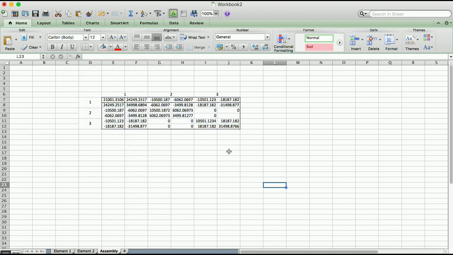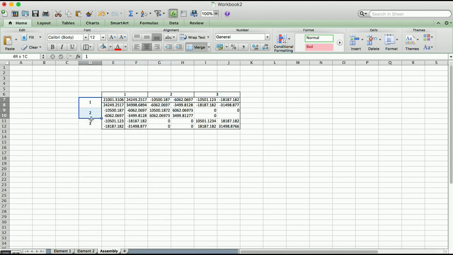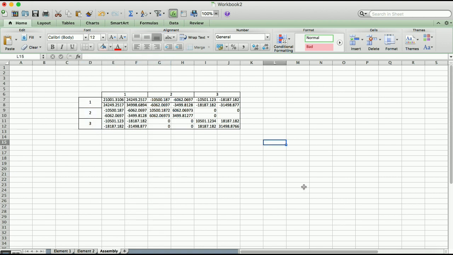So what we've done, we've just simply created a stiffness matrix for a structure that contains 2 truss elements, and it's mapped on a 2D or 2-dimensional coordinate system.